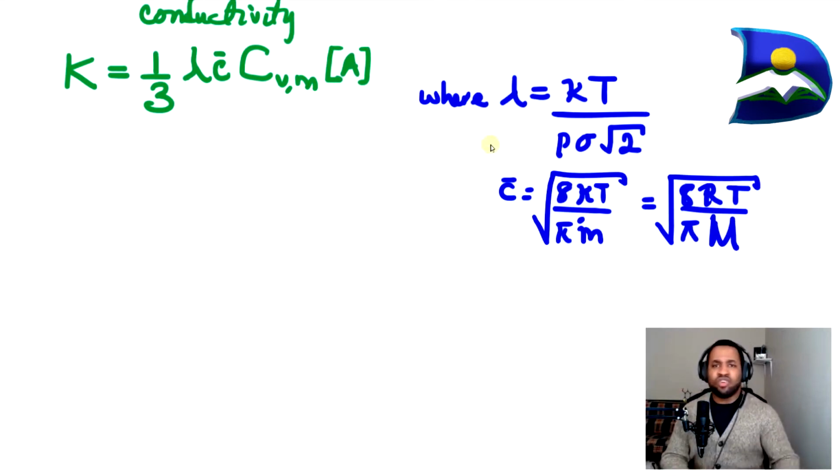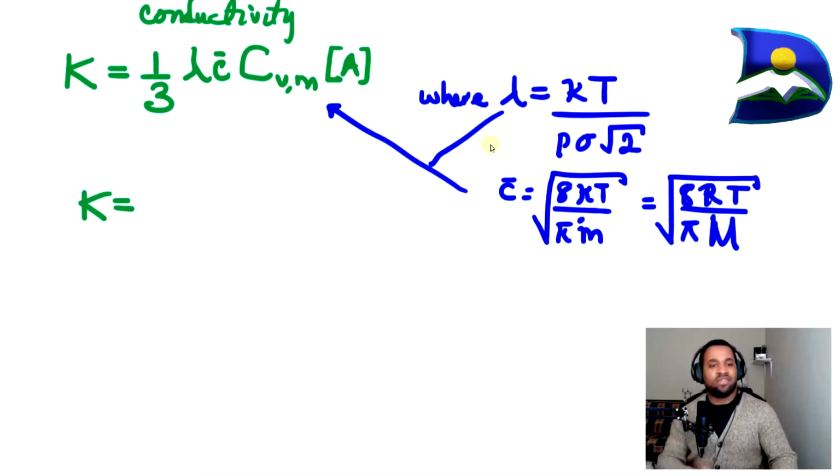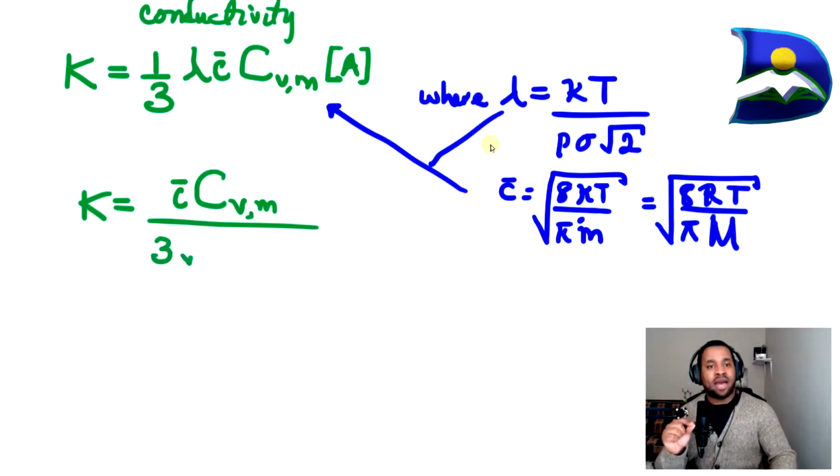Once you introduce these two expressions into this equation, we arrive at our new k, our coefficient of thermal conductivity, equal to the mean speed multiplied by the molar heat capacity of our gas at constant volume, all divided by 3 multiplied by the square root of 2, multiplied by the cross section of our gas molecule.